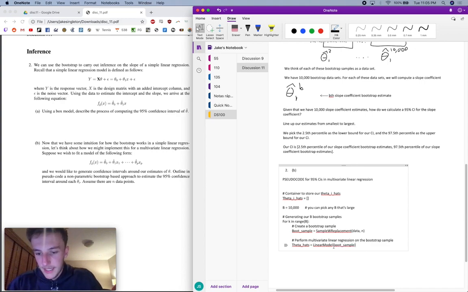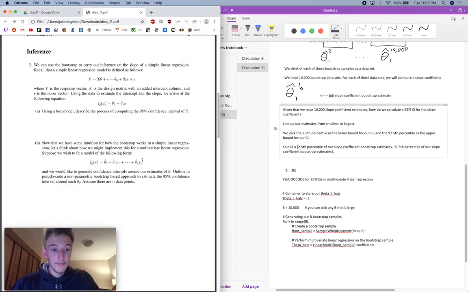Generally you'd have to break this up into x and y, but this is pseudocode. This linear model has some coefficients attribute that we can access to give us these p coefficients here.